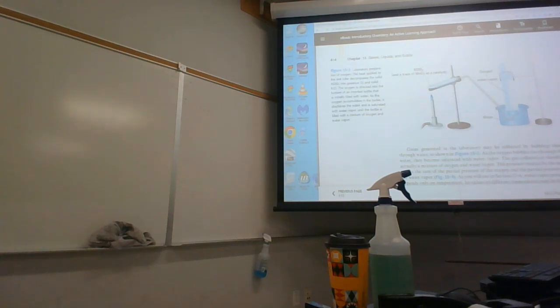We'll put water vapor as blue, and then the oxygen is red. So we end up with a mixture here of wet oxygen.